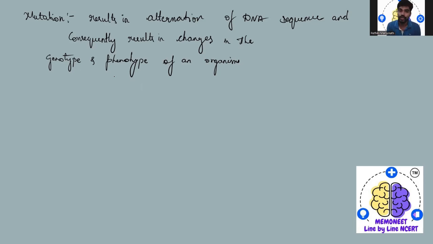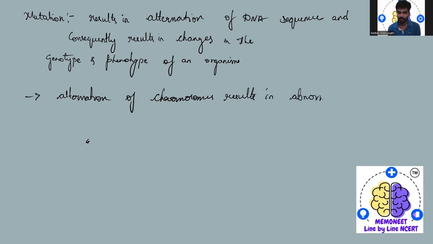If there is any alteration in the chromosomes, it might result in abnormality or aberrations.